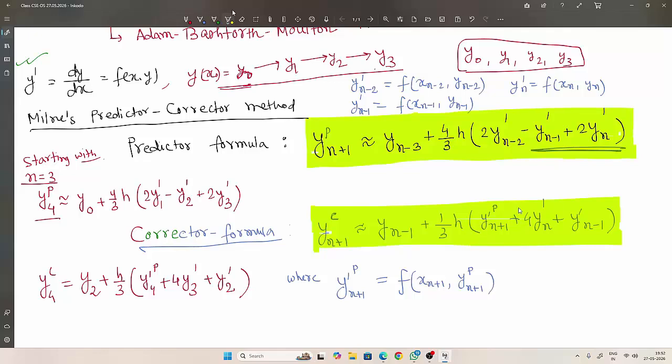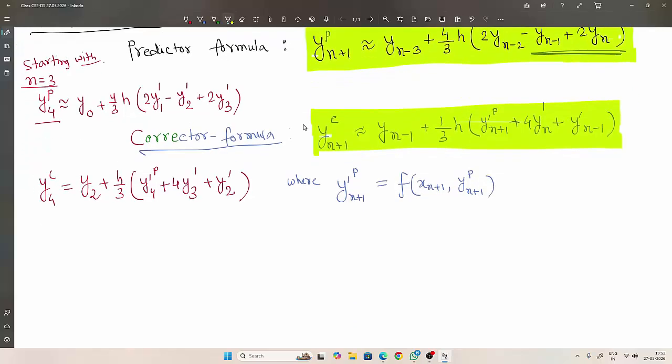y dash p. Actually, yn plus 1 dash p is the yn plus 1 dash value at the predicted point. So if I write it like this, it is the yn plus 1 dash value at the point xn plus 1 comma yn plus 1 predicted, at this point.